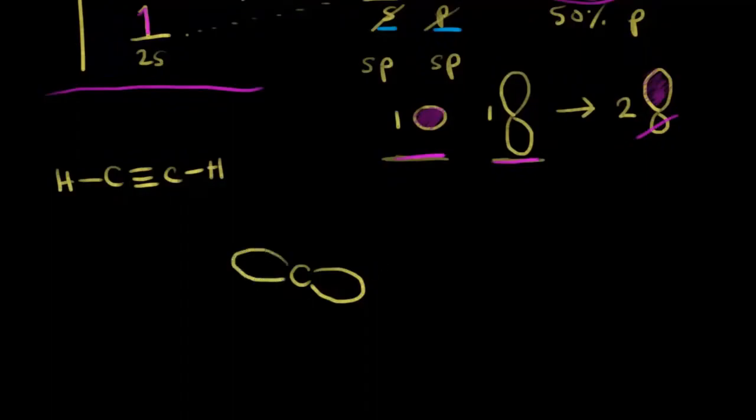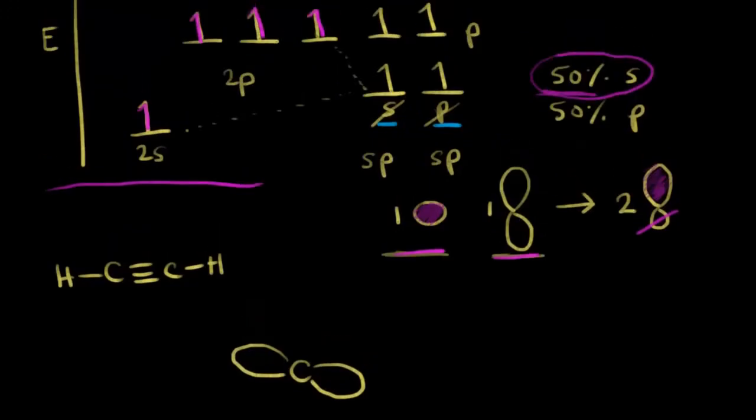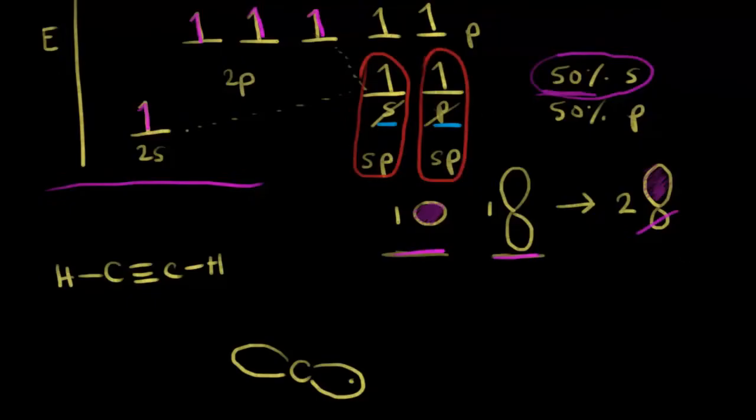So let me go back and look at our diagram again. Each carbon, let me use red for this, each sp hybridized carbon has an sp orbital with 1 valence electron in it. I'm going to put that in here. And then there's another sp hybrid orbital with 1 valence electron in it, so I'm going to put the other electron over here in this hybrid orbital.